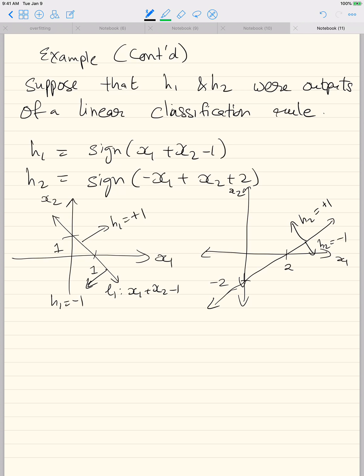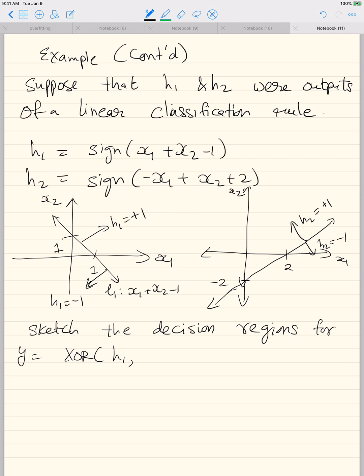And the question asks us to sketch the decision regions for the neural network where y is, say, the XOR of h1 and h2. h1 and h2 were not directly given to us.